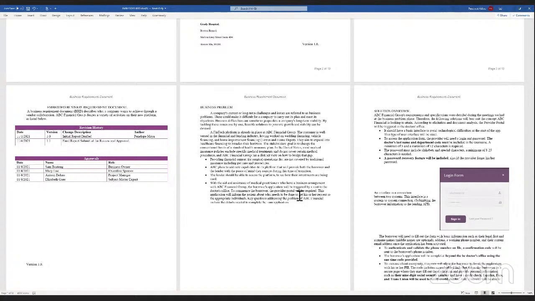The solution overview: I speak a little bit on what the medical provider portal should look like, because it's a doctor's office. They don't have time to deal with anything that is extremely tech savvy and very difficult to navigate.